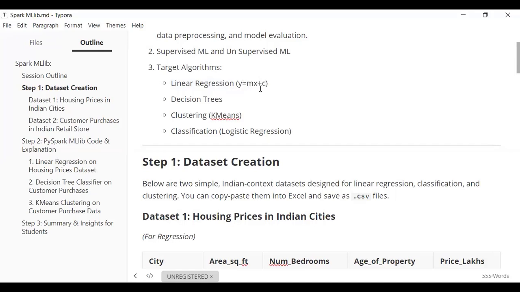This is also called the slope and intercept formula. M is the slope, c is the y intercept, y is the output, and x is the input. So if a person provides x, you have to get the output y.